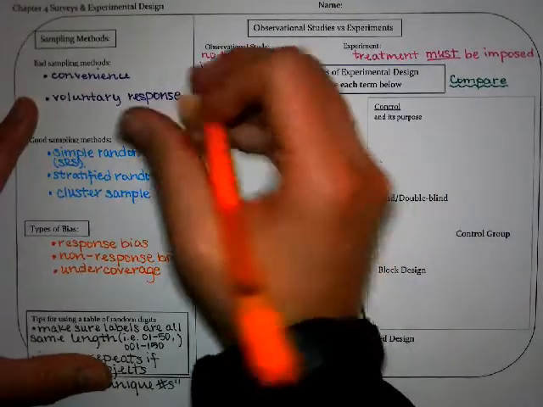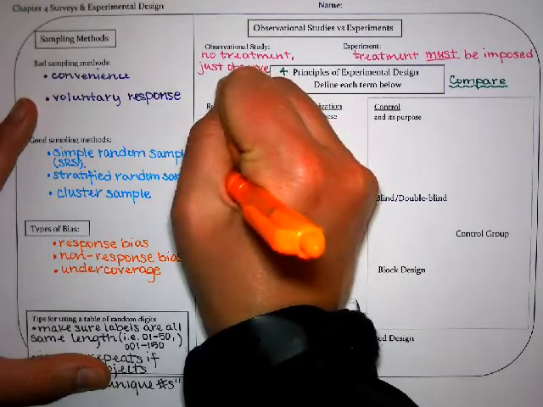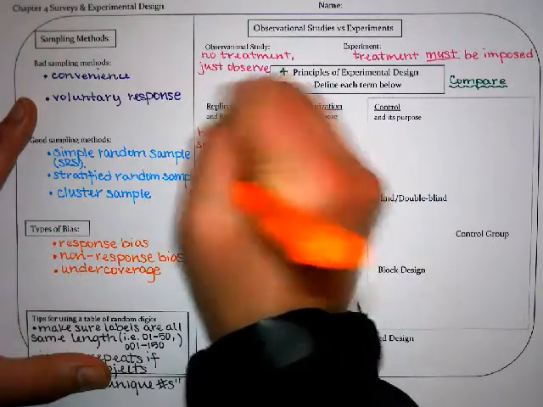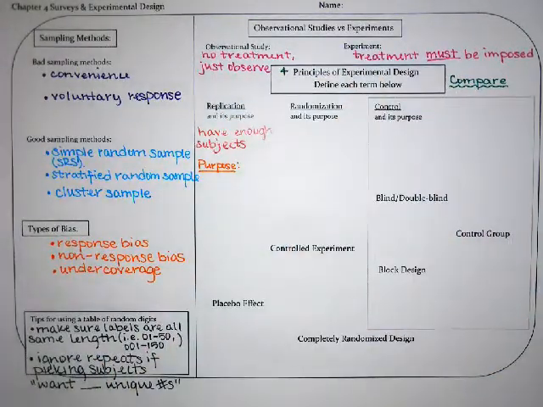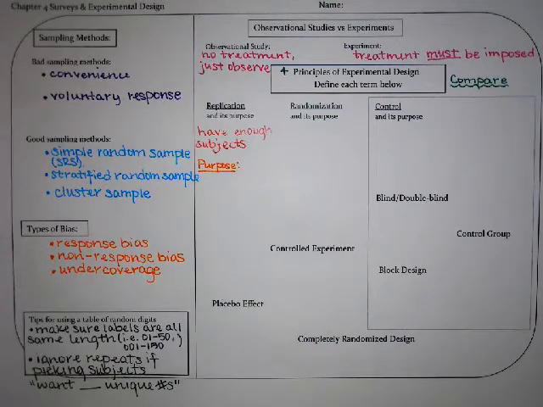So the purpose of having enough subjects is that the larger the sample size, it helps average out individual variability. So it makes the data more valid. It lessens the effects of those confounding variables.